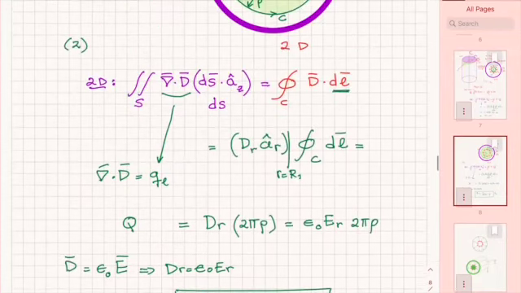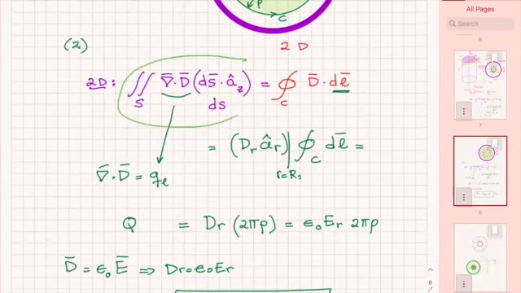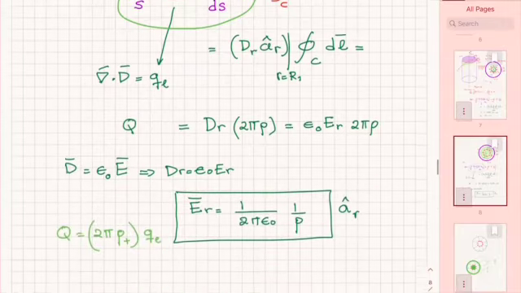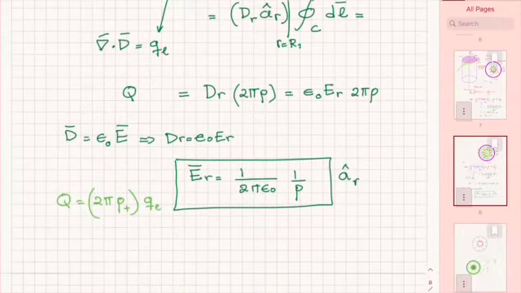Because of the surface integral here. Ah, that's what you mean. It should be here. Sorry. Yes, thank you.